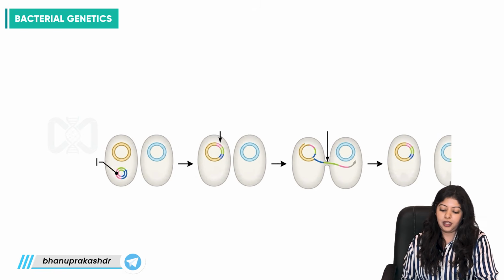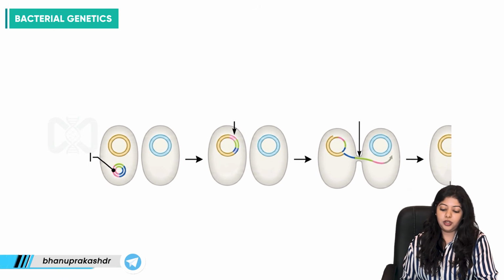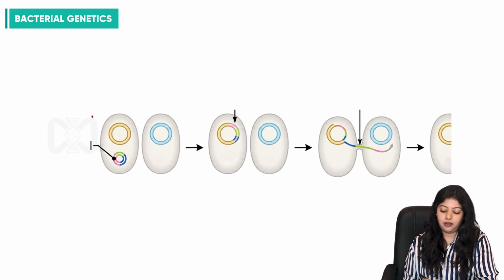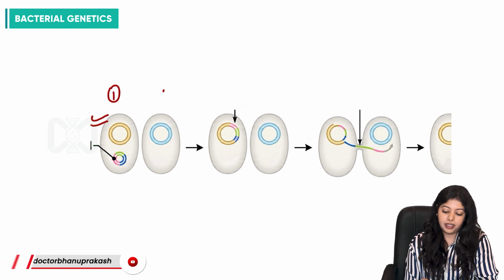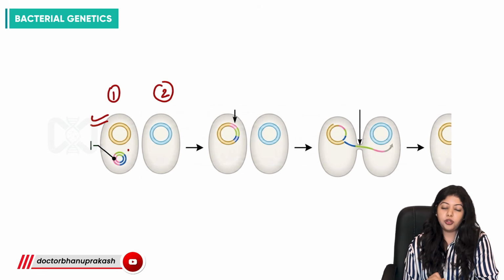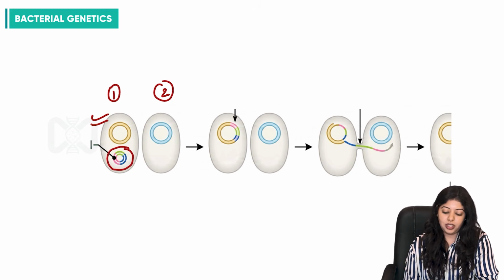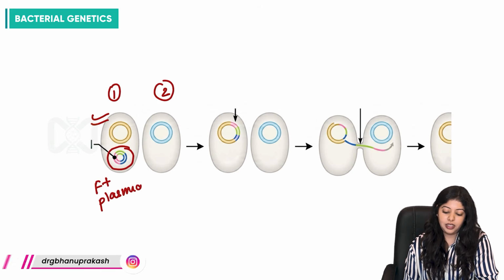So see, say we have the chromosomal DNA in bacteria 1 and bacteria 2. We have the chromosomal DNA in both of these bacteria, and we have this highly fashionable colorful plasmid, which is the F plus plasmid, right?